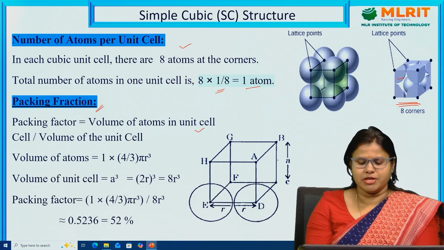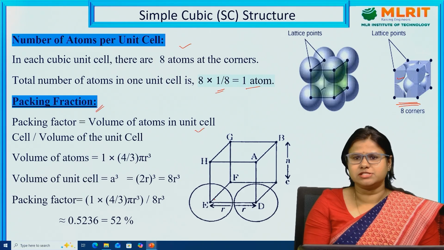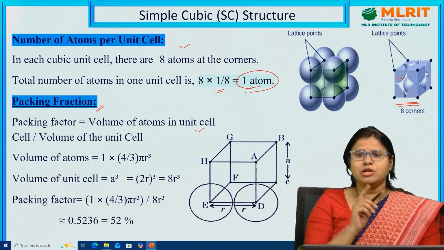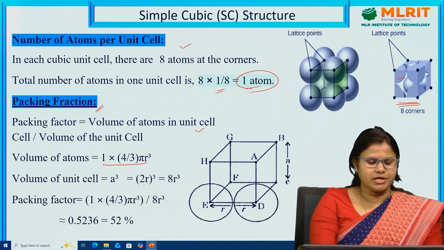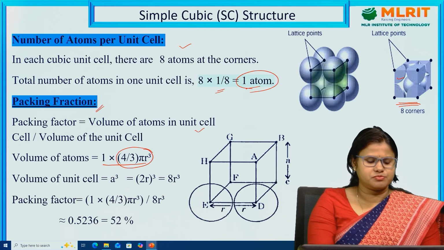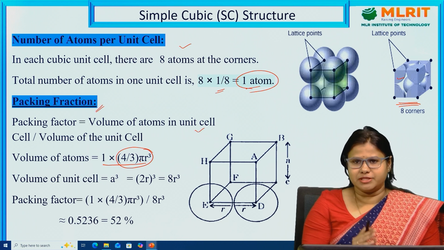Here our unit cell is in the shape of a cube and our atoms are in the shape of spheres. We found that we have 1 atom per unit cell. The volume of the atoms will be 1 times, as the atoms are spherical, 4/3 pi r cube. So the total volume of the atoms is 4/3 pi r cube.